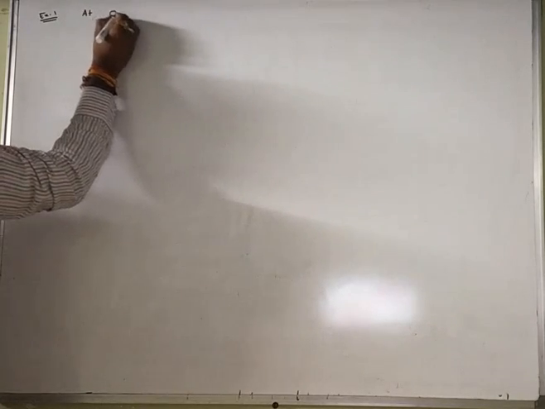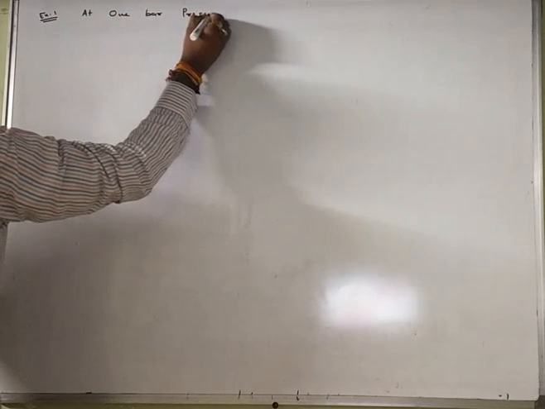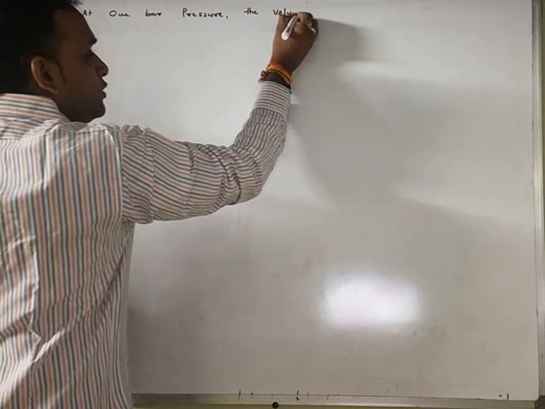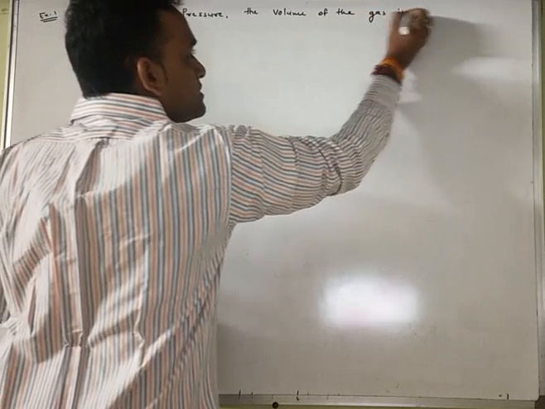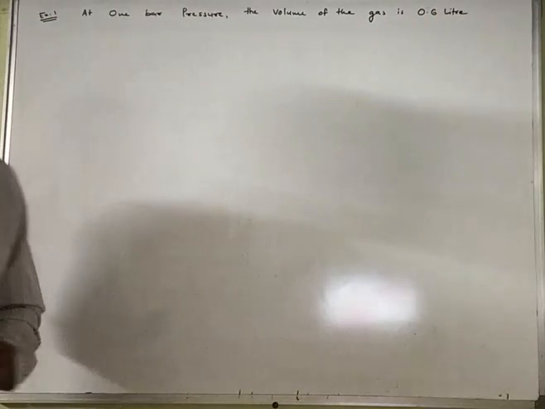At 1 bar pressure, the volume of the gas is 0.6 liter, right?